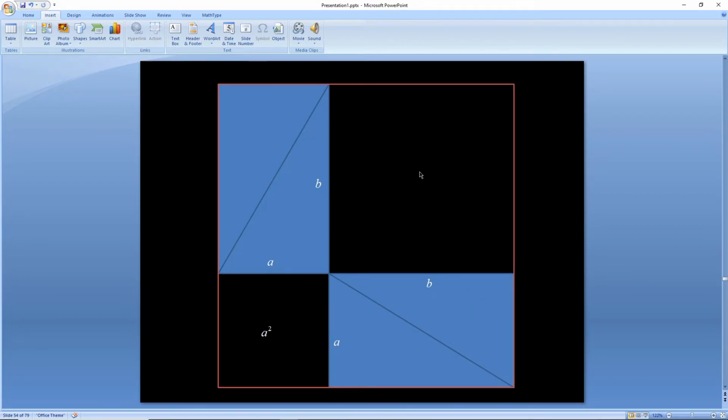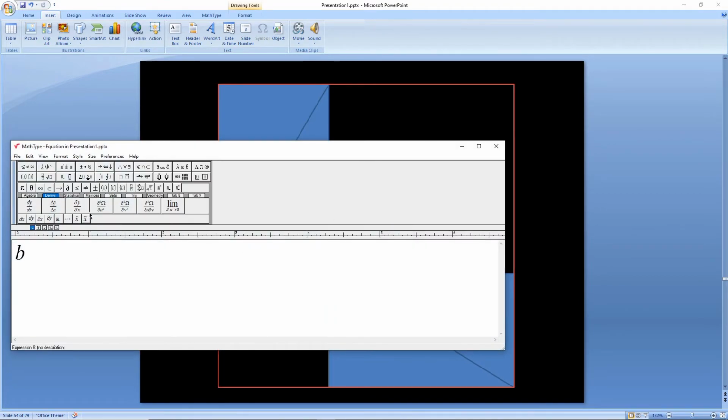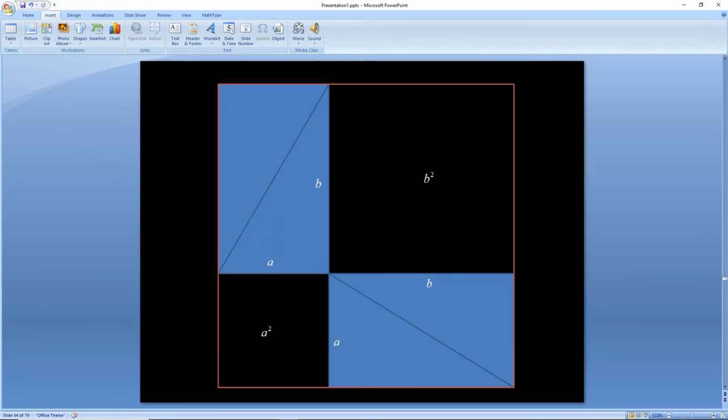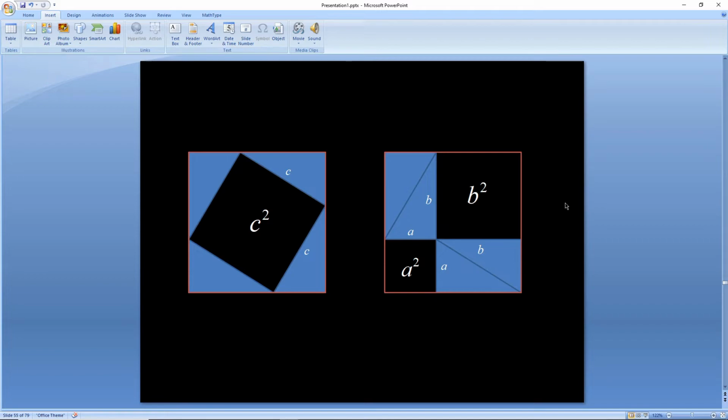And since that's true, this black square then must be B squared. And so what have we just proved? We just proved a squared plus b squared equals c squared.